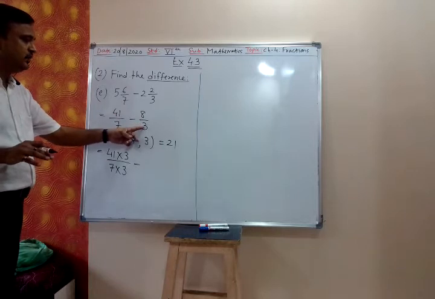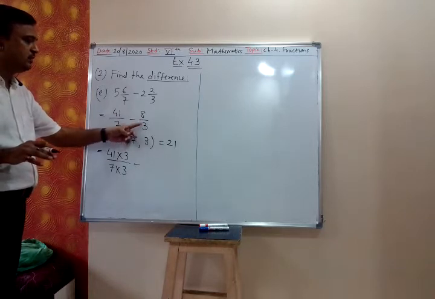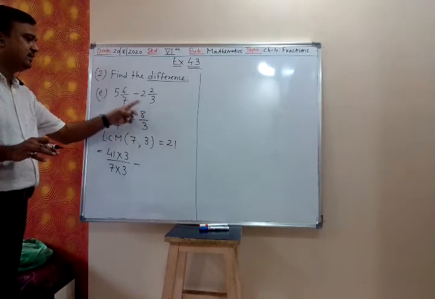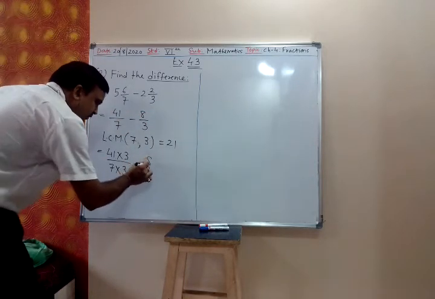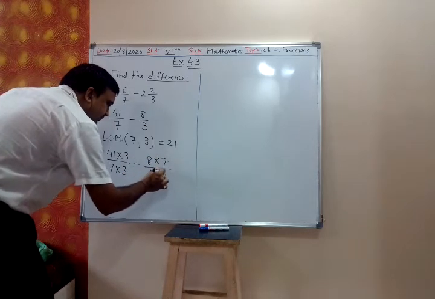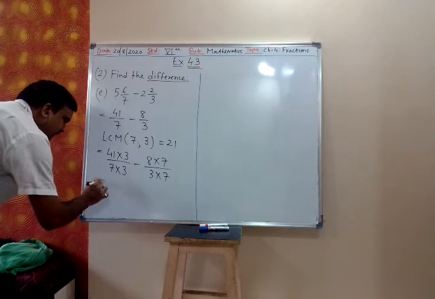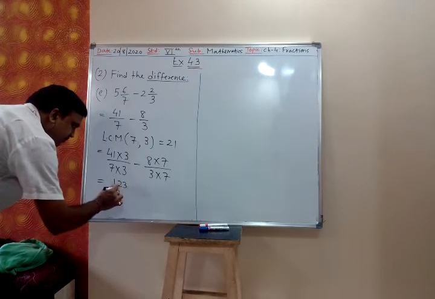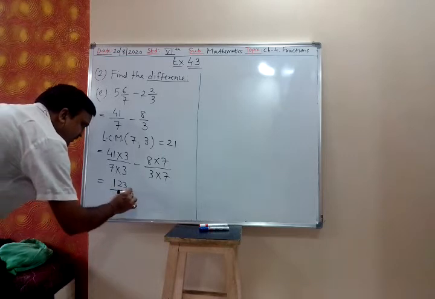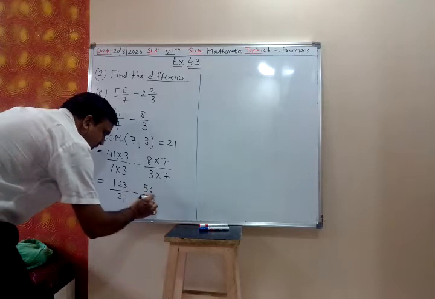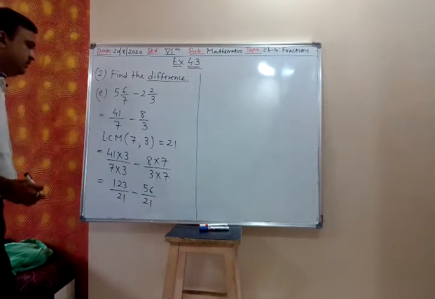Similarly this is 3, we want denominator 21, so to convert 3 into 21 we will multiply by 7 in the denominator, so minus 8 into 7 upon 3 into 7. So this is 41 into 3, that is 123 upon 21 minus 8 into 7, 56 upon 21.